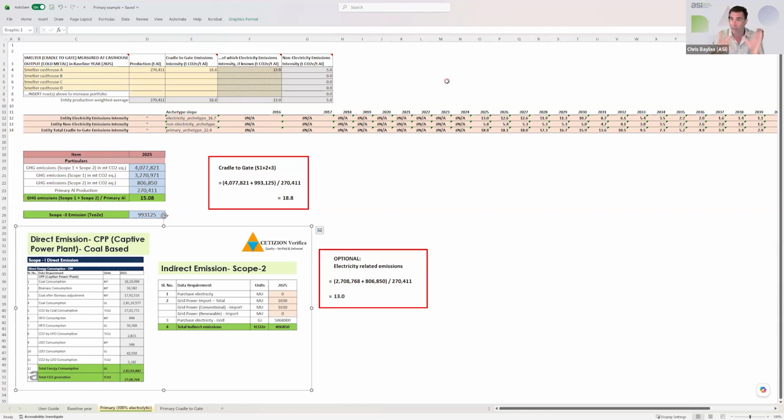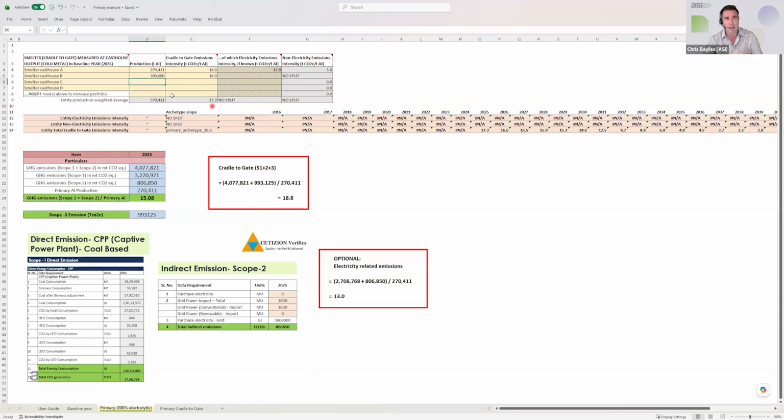It essentially mass weights these different elements. So if I had a second smelter that was, let's say, 300,000 tons and its emissions were, I don't know, 16 tons per ton, you can see that the method here actually calculates a mass balanced cradle to gate emissions intensity across those 2 smelters and describes, as I'll show in a minute, the slope across those.